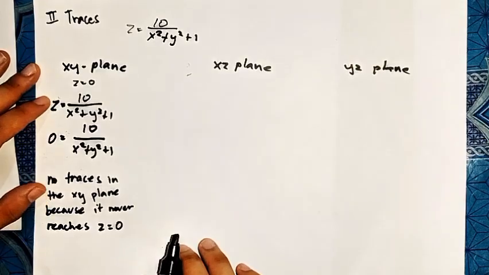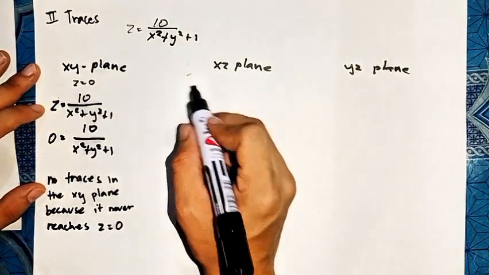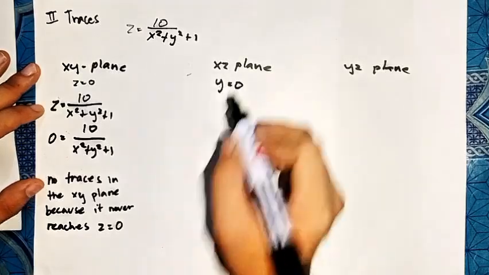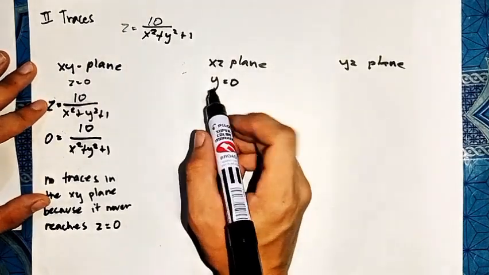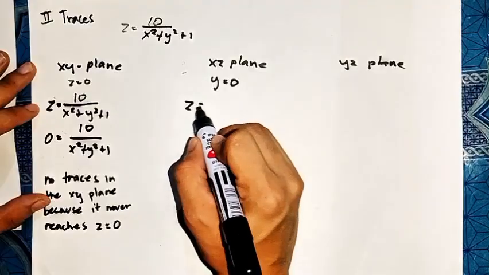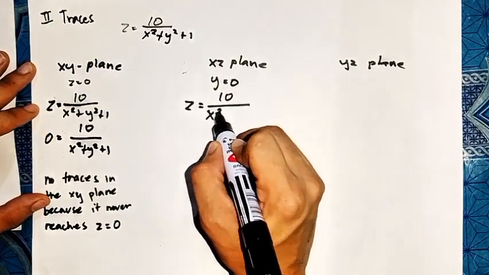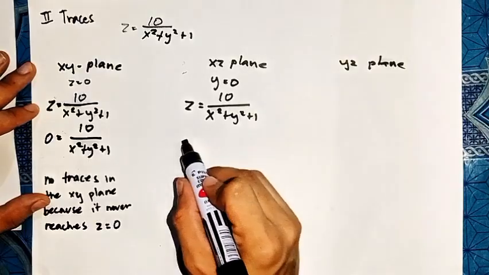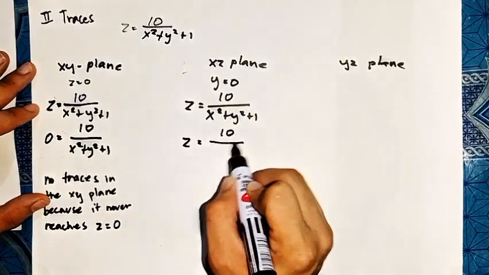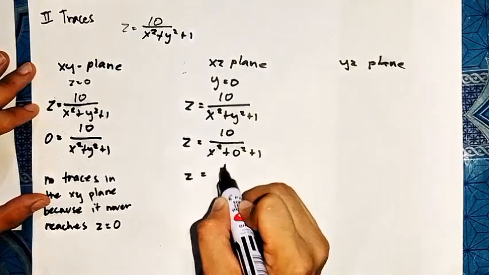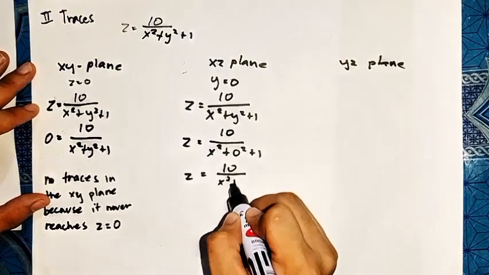Now, how about in the xz plane? In finding the traces in the xz plane, we'll let y is equal to 0. Now let's substitute in our function. Copy the function first. z is equal to 10 over x squared plus y squared plus 1. So we have z is equal to 10 over x squared plus 0 squared plus 1. z is equal to 10 over x squared plus 1.